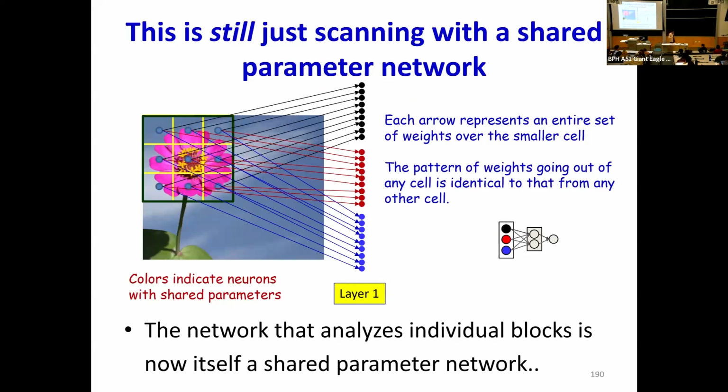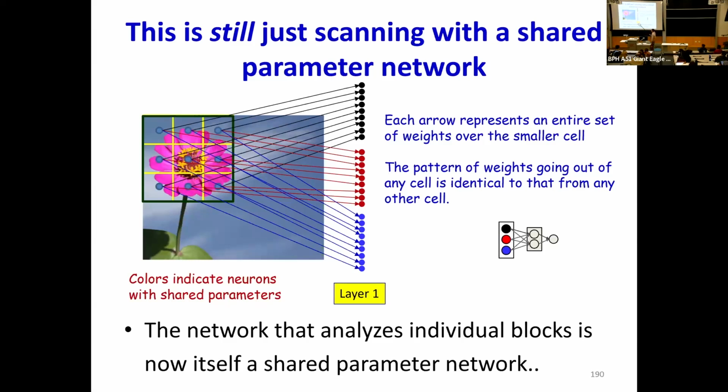Let's say I have this network where I have 3 unique first layer neurons. Now if the first layer neurons are looking at smaller windows of the input, then in analyzing this region of the input, I effectively have 9 copies of the black neuron, 9 copies of the red neuron, and 9 copies of the blue neuron, right?